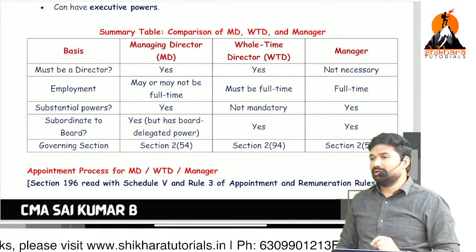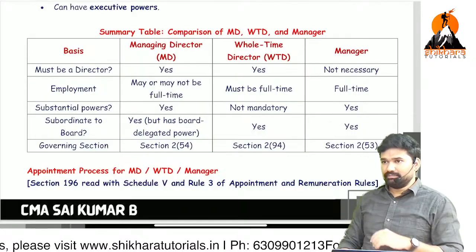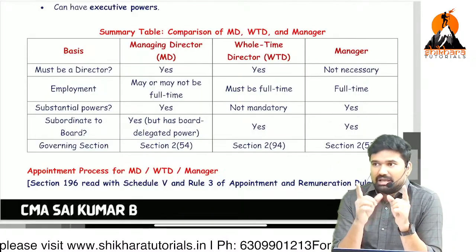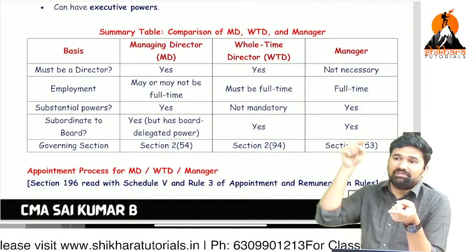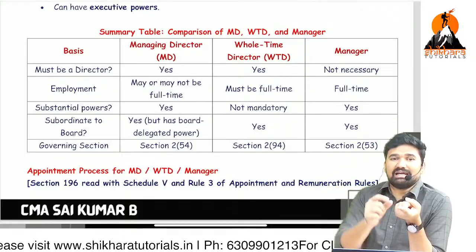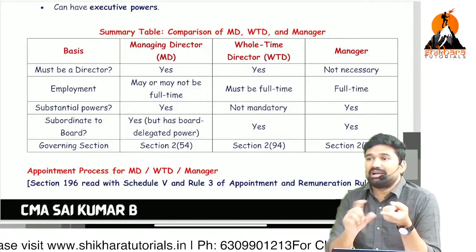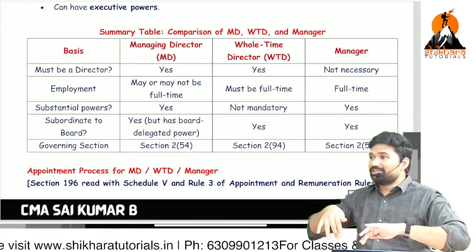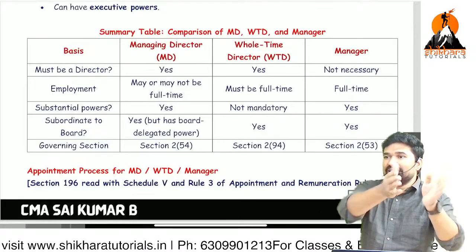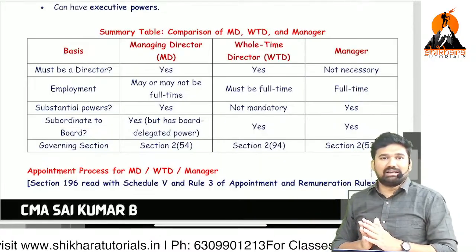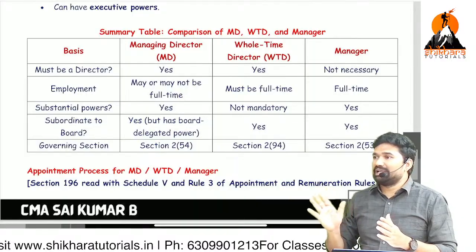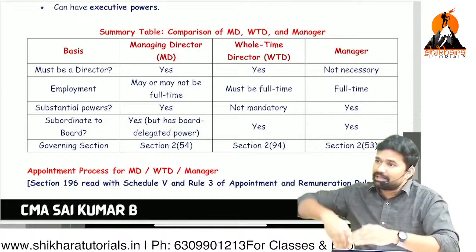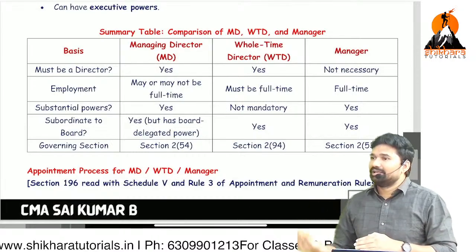In simple terms, we can conclude this discussion. Who are the actual owners of the company? Members. But members can't actively participate in the day-to-day affairs. That is why, as agents or trustees, they appointed the BOD. In that BOD also, an executive class is there and a non-executive class is there. Non-executive can't actively engage in the day-to-day affairs of the company. That is why they have made other trustees or other agents.